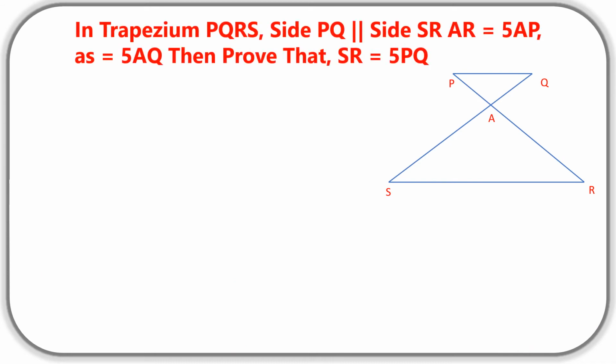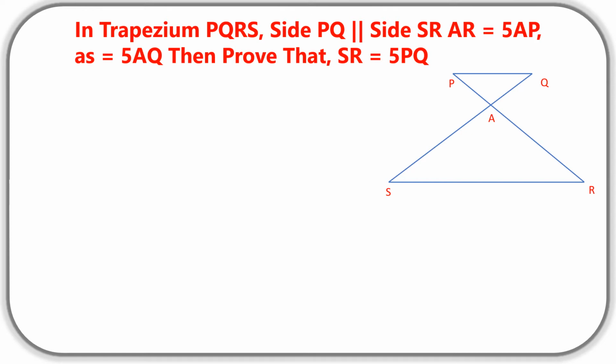Here is another question. In trapezium PQRS, side PQ is parallel to side SR. AR is equal to 5 times AP.